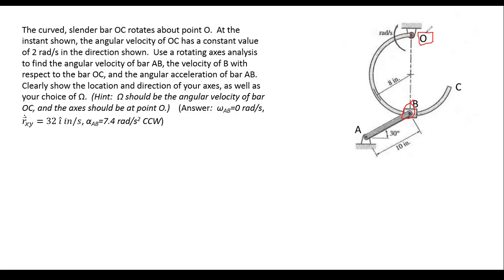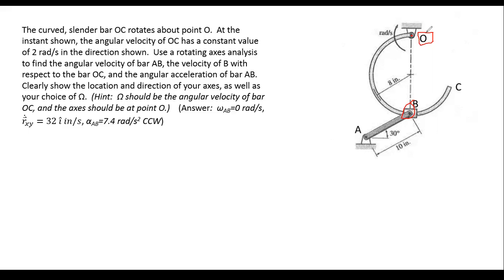Does the velocity of B have a rel term with respect to point O? Yes. If everybody can see, it's going to be going in that X direction. It's constrained at that instant in time, moving either left or right. So that's our V_rel term.